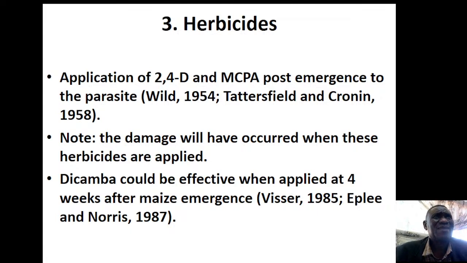But yes, it could have worked in commercial areas over a long time. Dicamba can be translocated. If applied to the leaves, it can reach the roots and interfere with the parasite. So dicamba could be an option.